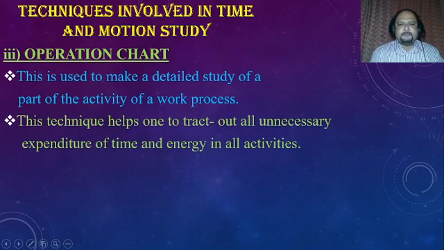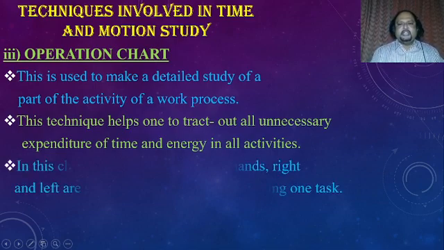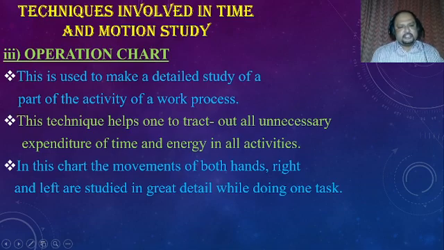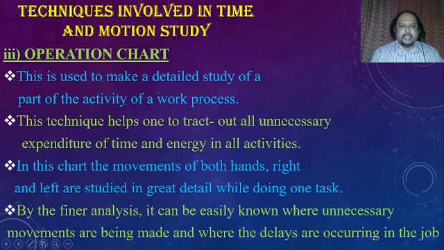This technique helps one to track all unnecessary expenditure of time and energy in all activities. In this chart, movements of both hands, right and left, are studied in great detail while doing one task. And by finer analysis, it can be easily known where unnecessary movements are being made and where the delays are occurring in the job.